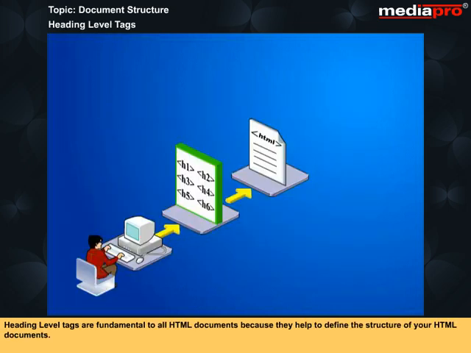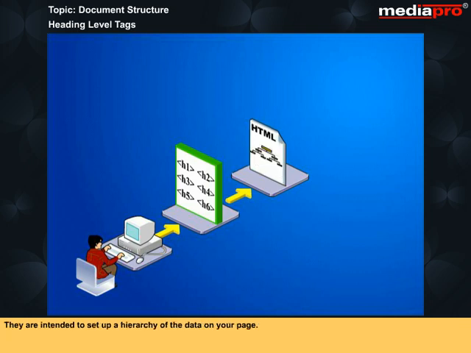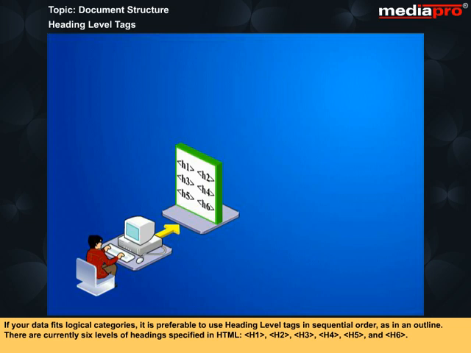Heading level tags are fundamental to all HTML documents because they help to define the structure of your HTML documents. They are intended to set up a hierarchy of the data on your page. If your data fits logical categories, it is preferable to use heading level tags in sequential order, as in an outline.